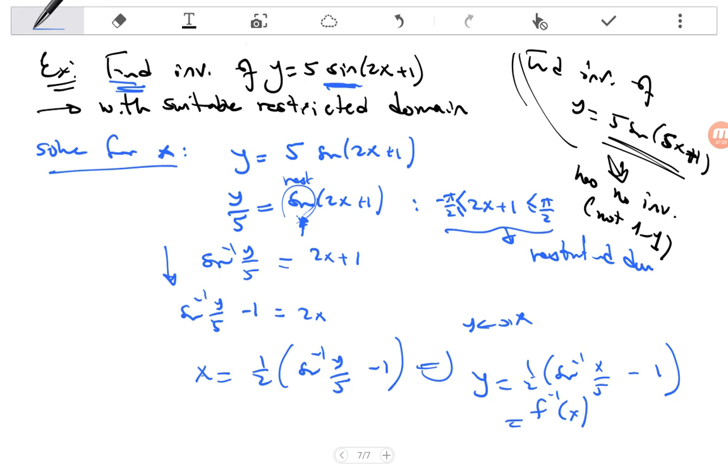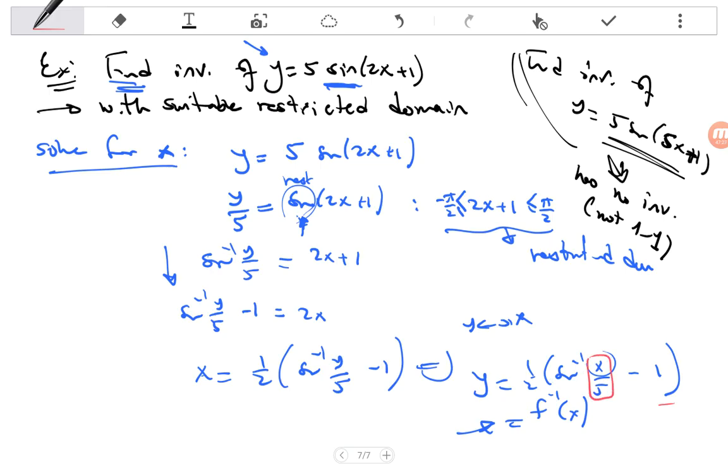The domain of the function itself, or the inverse? The domain of the inverse. What is the domain of this inverse? It is determined by the restrictions on this function.